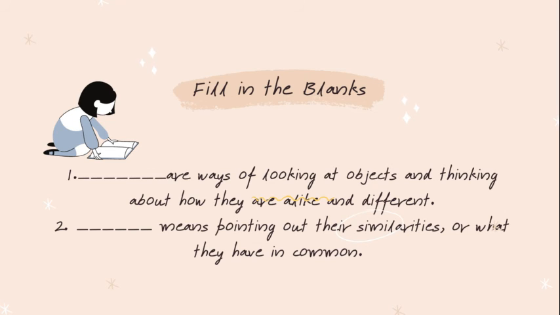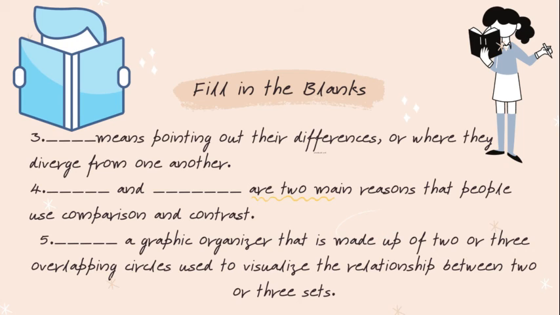Means pointing out their similarities or what they have in common. Number 3. Means pointing out their differences or where they diverge from one another. Number 4. Are the 2 main reasons that people use comparison and contrast. And lastly, a graphic organizer that is made up of 2 or 3 overlapping circles used to visualize the relationship between 2 or 3 sets.